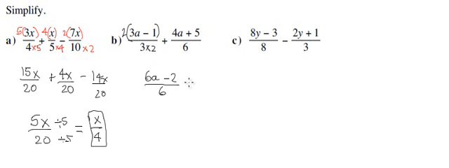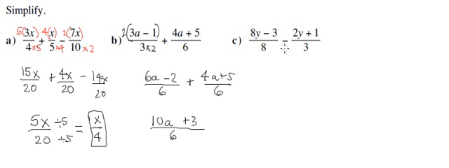That's over 6. And then we have 4a plus 5, also over 6. And now we can add these together. 6a plus 4a is 10a. Minus 2 plus 5 is plus 3. And it's all over 6. That can't be reduced, so that would be the end.